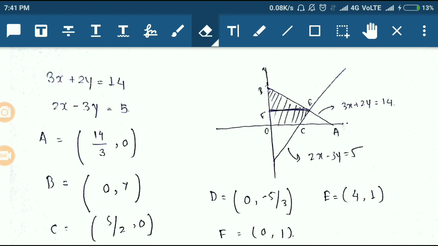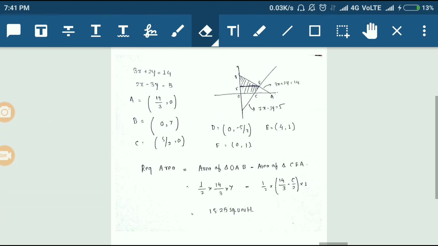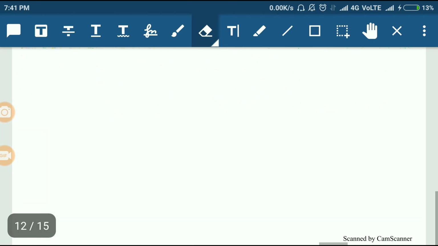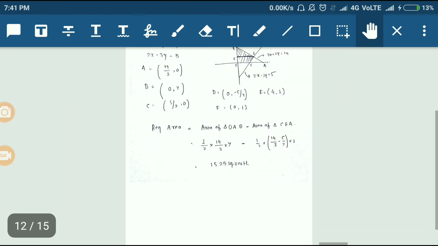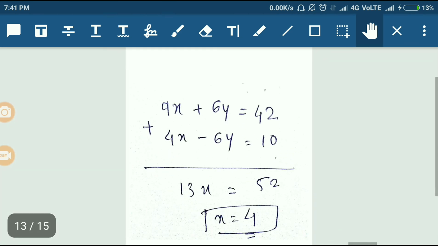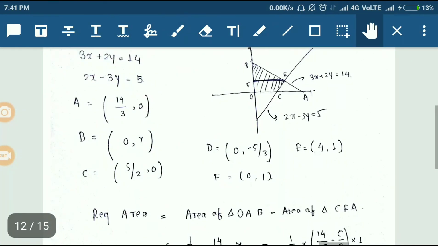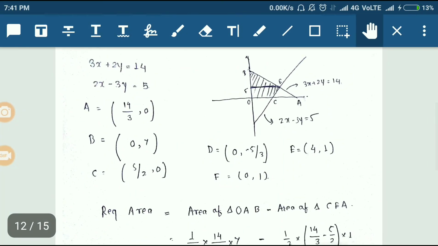So A, B, C, D, these 4 coordinates can be easily drawn from this. For calculating the coordinates of E, I have solved over here, we'll have to solve these two simultaneous equations and find the coordinates of E and F respectively.